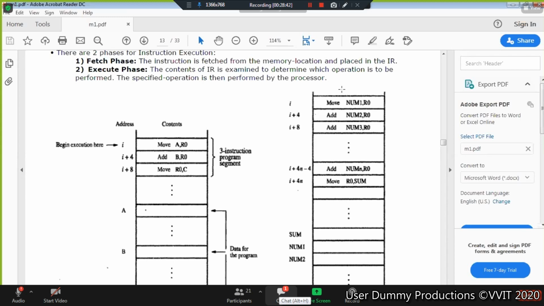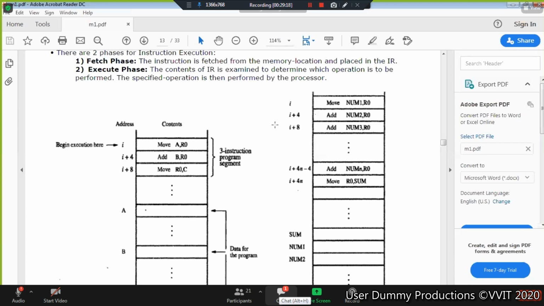How do I give it to the computer? num1, num2, num3, num4, num5, in 5 memory locations. In num1, I am having some number, 5. So what I am doing in the first instruction? Move num1, r0. So 5 will be moved to r0. So r0 will be having 5 now.